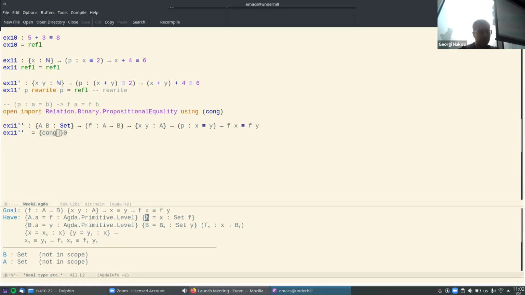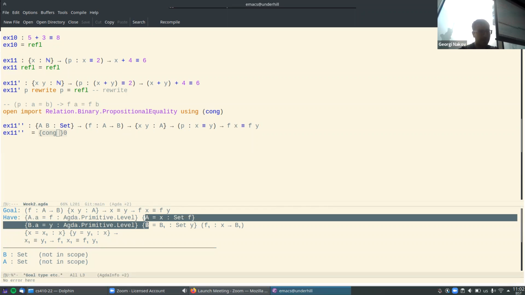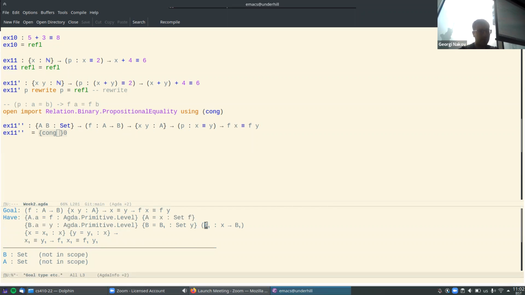So we have a type that is a set, and we have another type, our A and B. Then we have our function f and our equality.